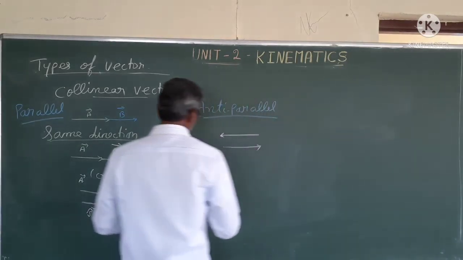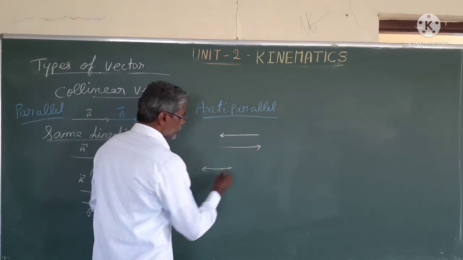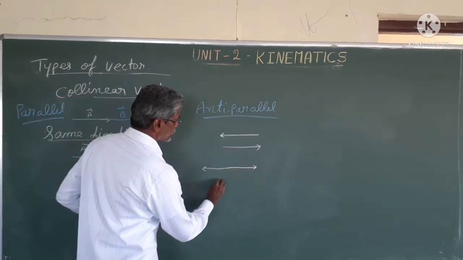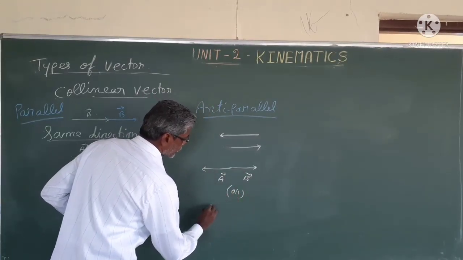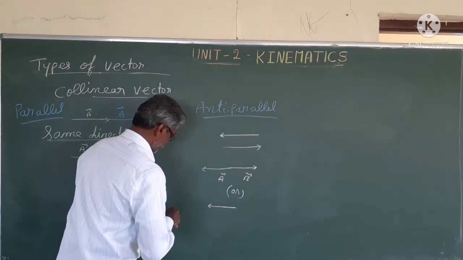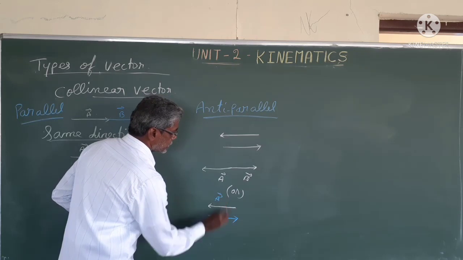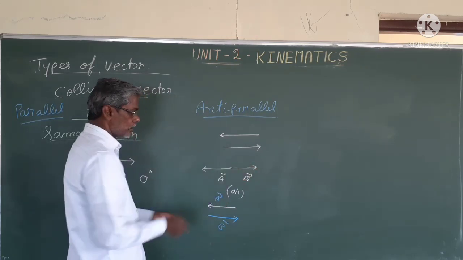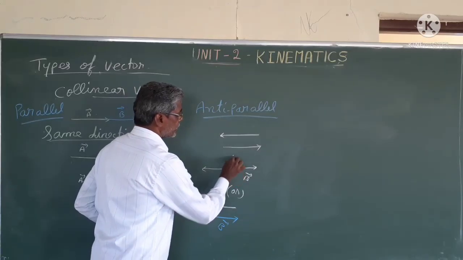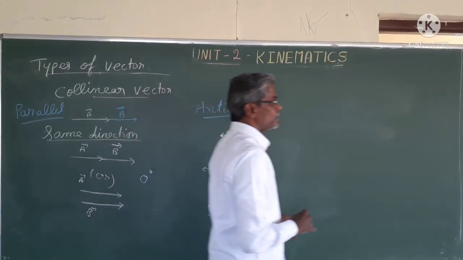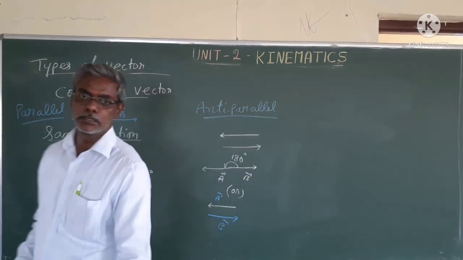Here also, the two vectors may be on the same line or parallel. Here the angle is 180. This will give the anti-parallel collinear vectors.